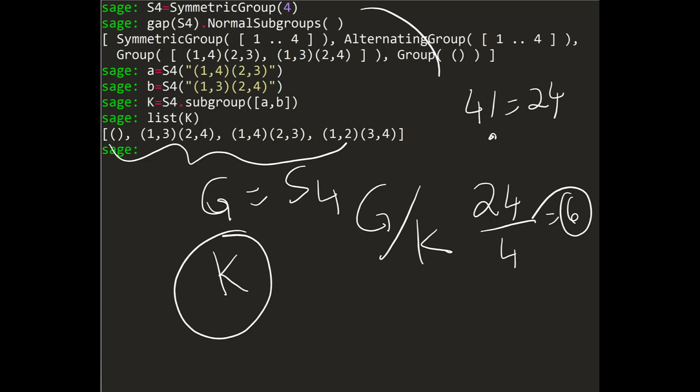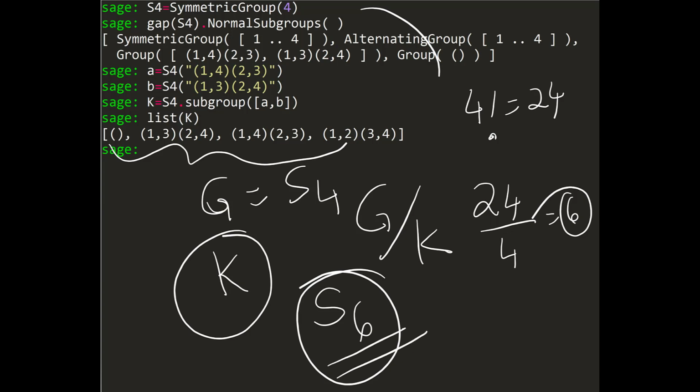But when we ask Sage to give us those factor groups, it will give them to us as a subgroup of the permutation group on 6 symbols. But anyway, we can go ahead and obtain them in other forms if we would like.